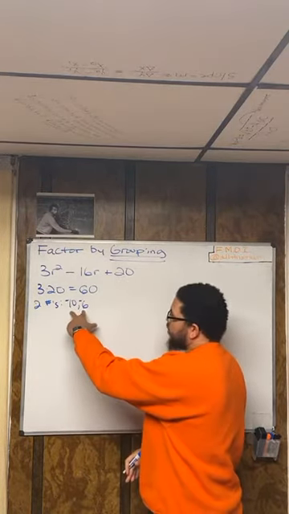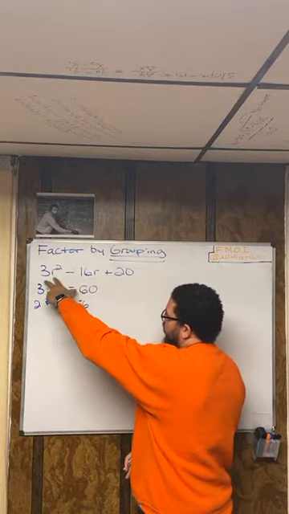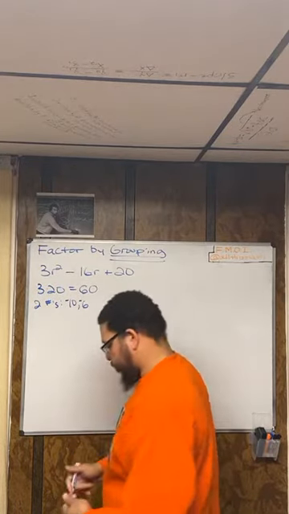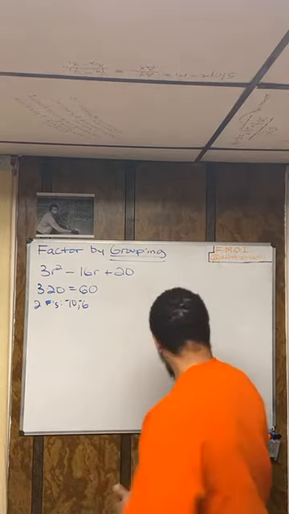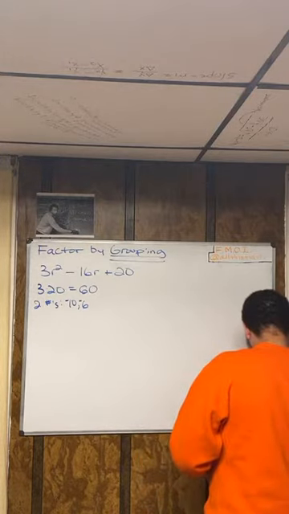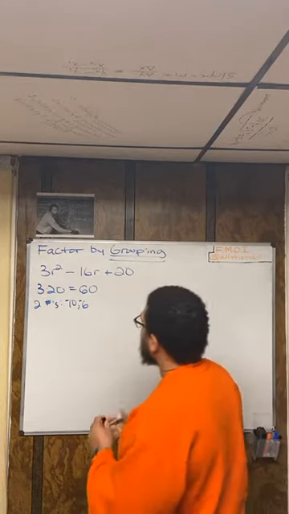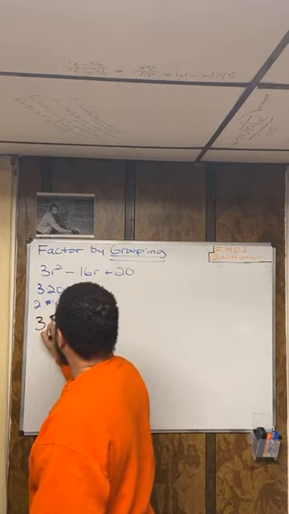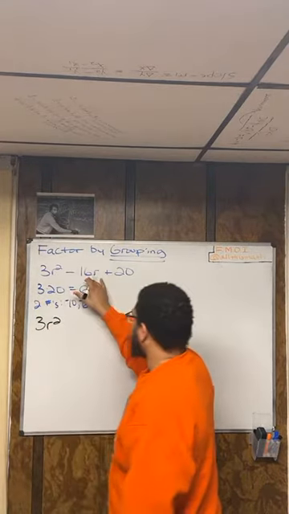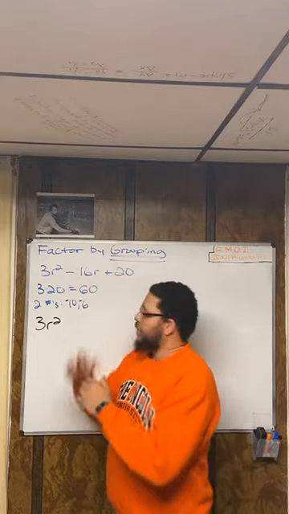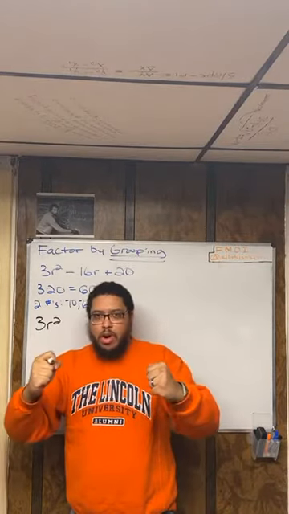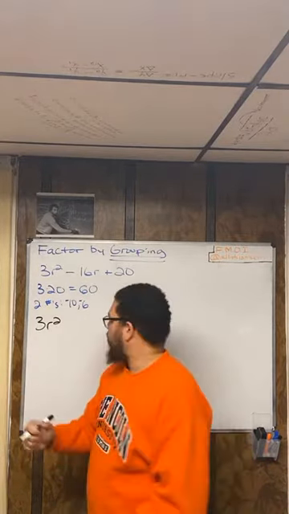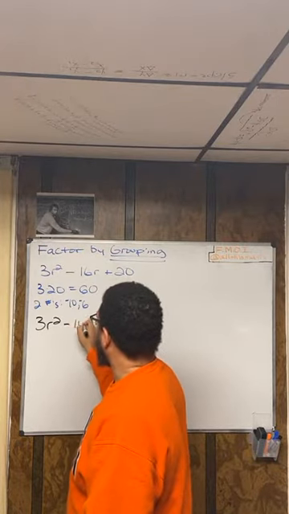I'm going to use these 2 numbers to stretch out this trinomial. So watch what I do. I'm going to switch the color up on you for this part. The first term stays the same, 3r squared. The middle term changes. I basically take this negative 16r and break it apart into two parts. One part is going to be negative 10r.